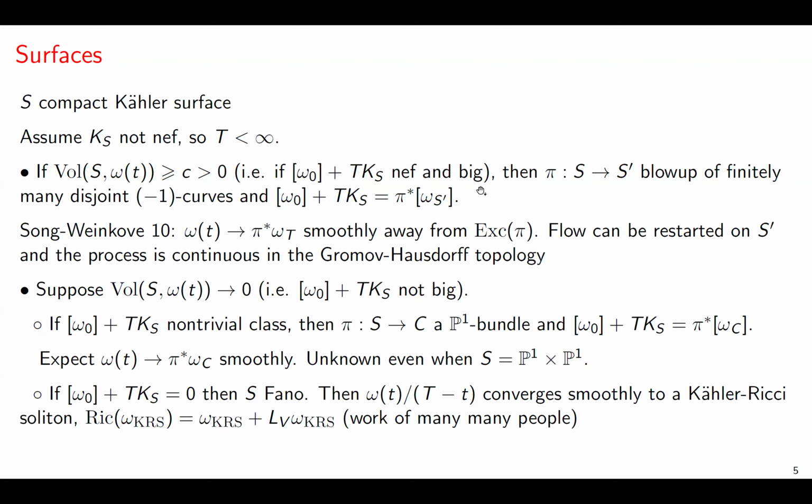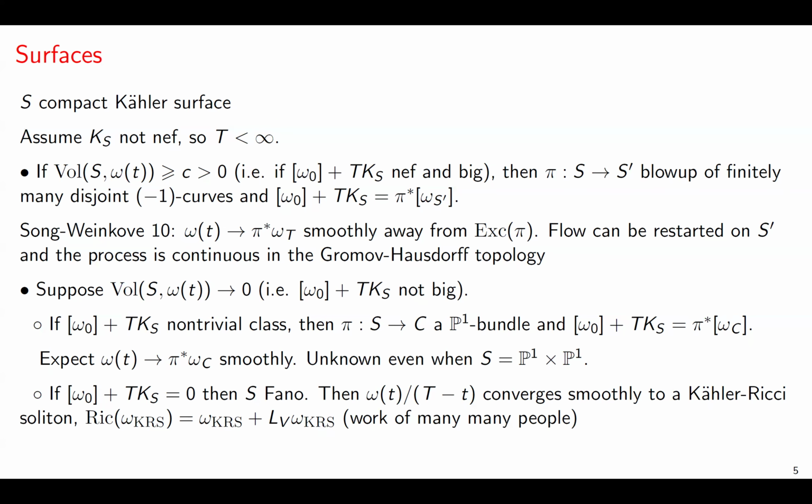Yeah. So if you take S and omega t, and then you take the limit when t goes to big T from the left. On the other hand, you can take S prime and omega, I don't know how to call the new time parameter, s. That's the one on the new surface S prime. And then you take the Gromov-Hausdorff limit when s goes backwards to the time.